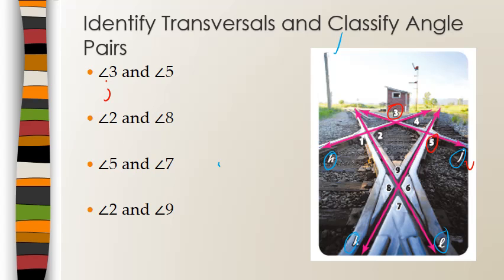And both 3 and 5, they're on alternate sides or opposite sides of the transversal, and they're on the outside of both line H and K, so then they would be alternate exterior angles. All right, that's not too bad.